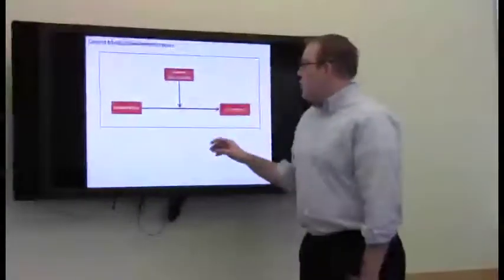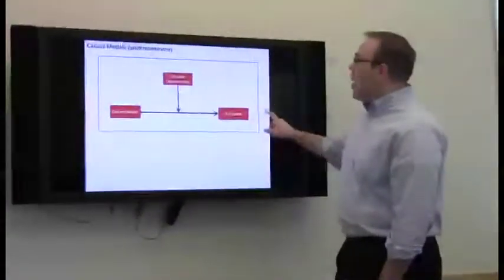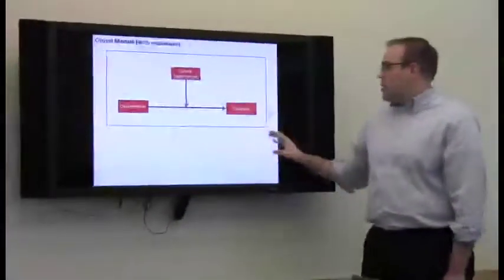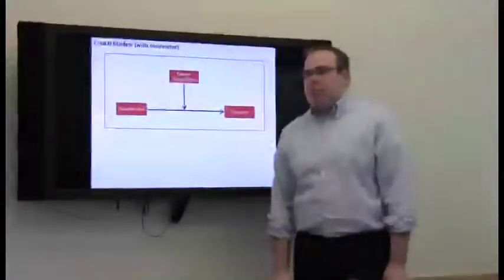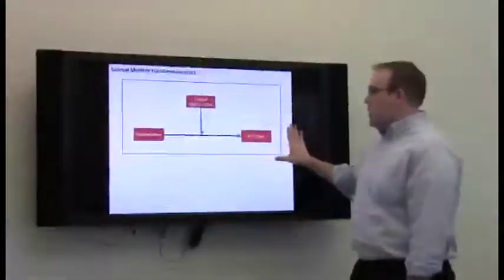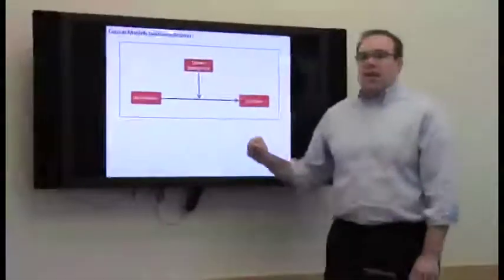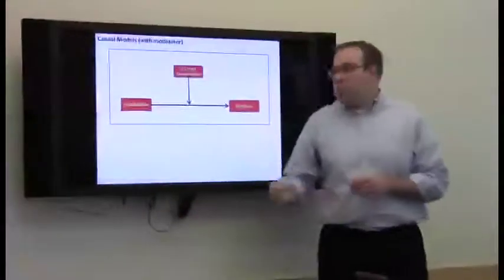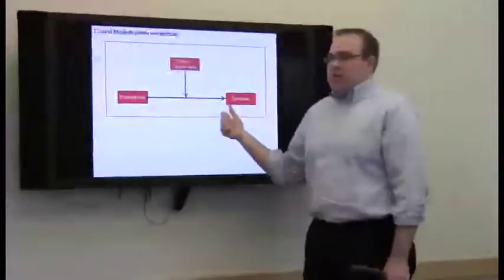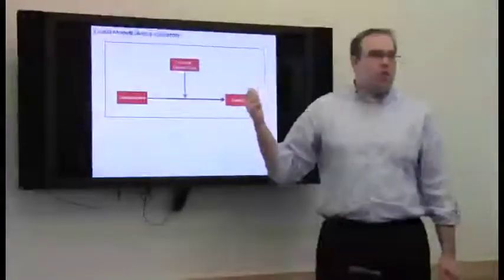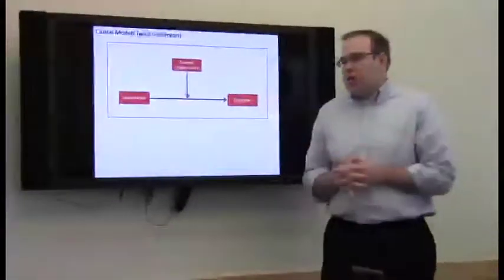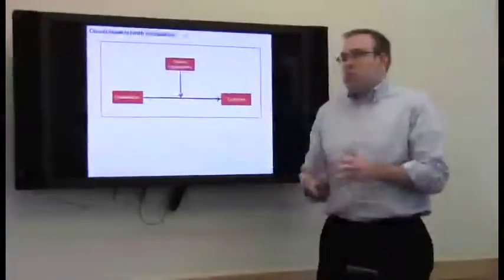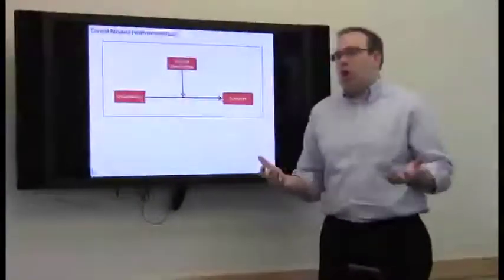I've added this box to show that all models have to be bounded by the context and conceptual framework in which it's presented. So when we say that this relationship exists, if I don't also include in my argument the bounds for that argument, you would think that I'd be saying this relationship always exists.